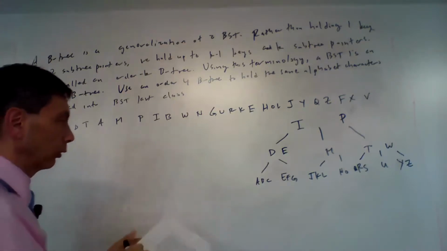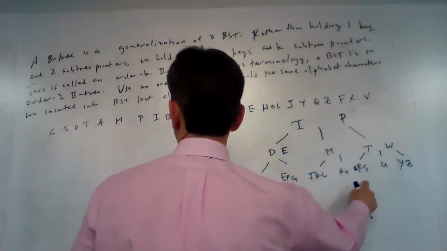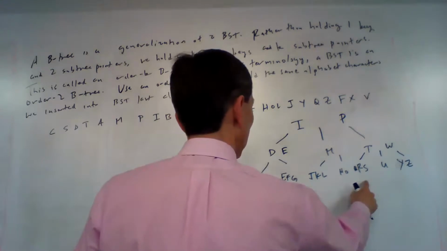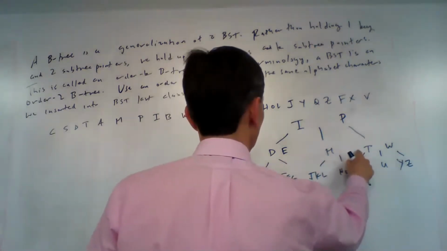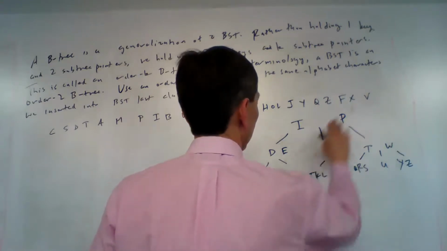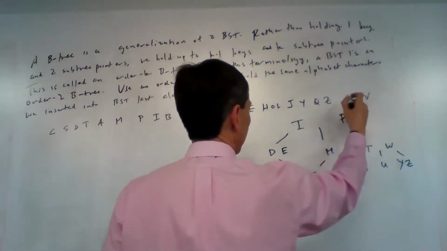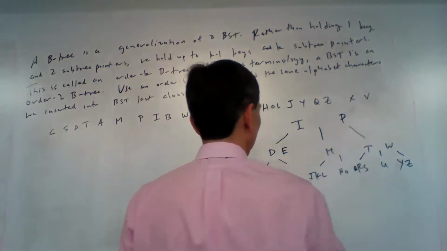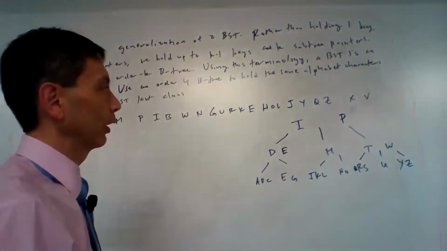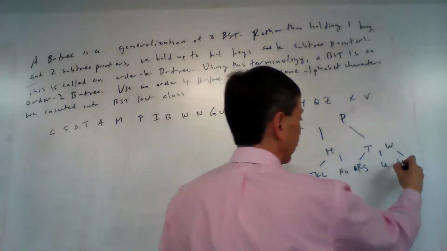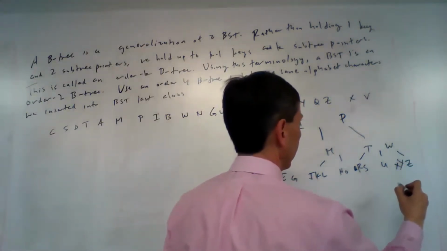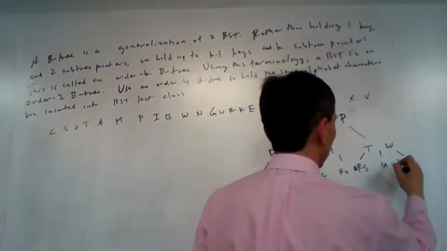C, S, D, T, A. Let's just pretend there's no F. I don't know where the hell that went, but anyway, it won't matter. You'll still see how this works. So an X, and then a V would go here.